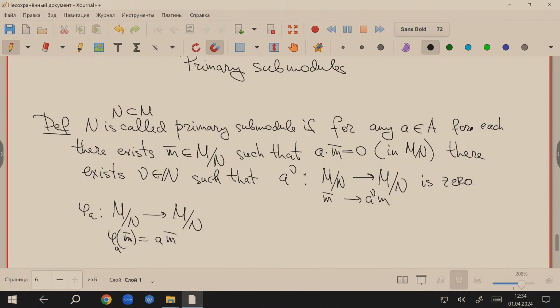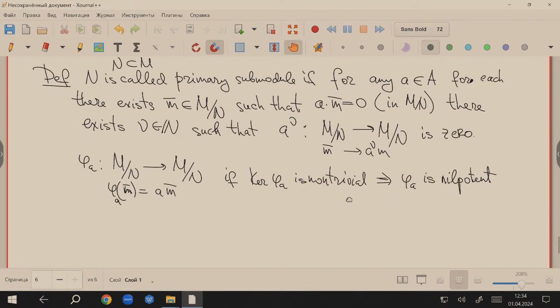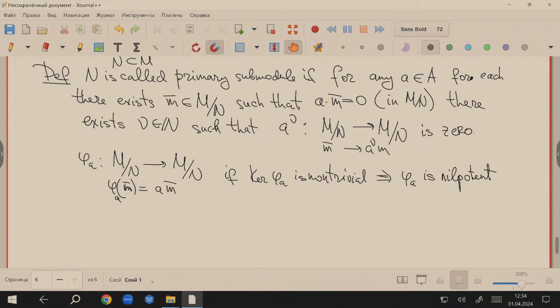So if the kernel of phi_a is non-trivial, this implies that the operator is nilpotent. And this can be written in a more brief way. Let me just write down the usual definition.